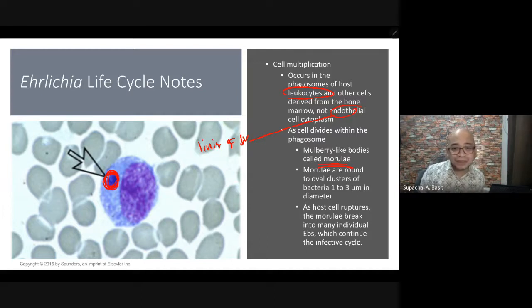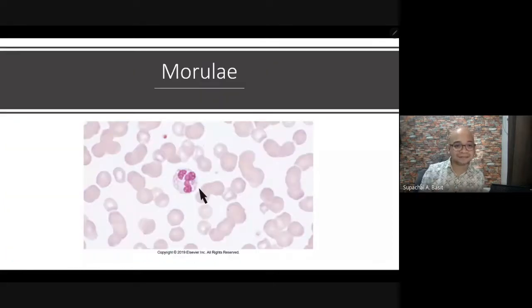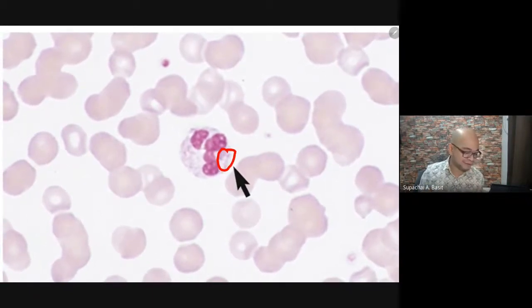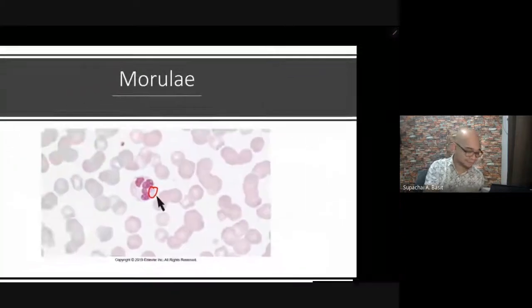As the host cell ruptures, the morulae break into many individual elementary bodies which continue the infective life cycle, because the bacteria will be liberated and infect other leukocytes. So that is the Ehrlichia. This is another example of morulae: clusters of Ehrlichia found in the phagosome.